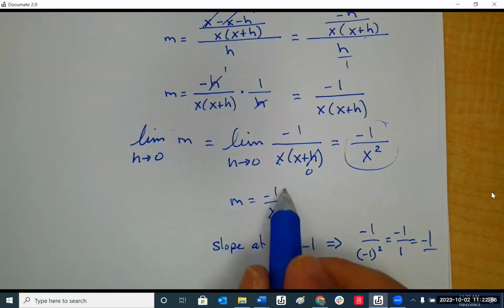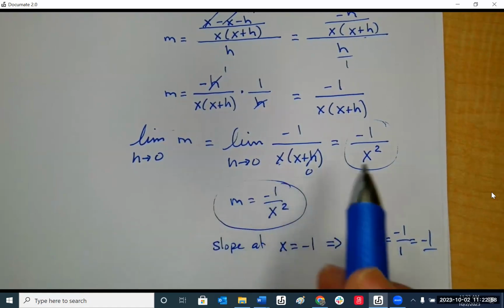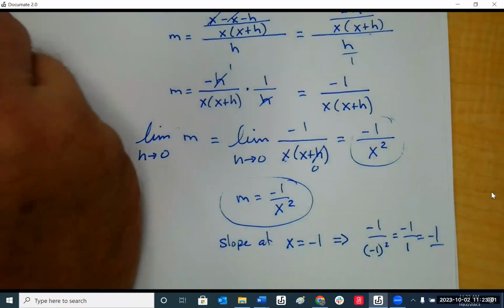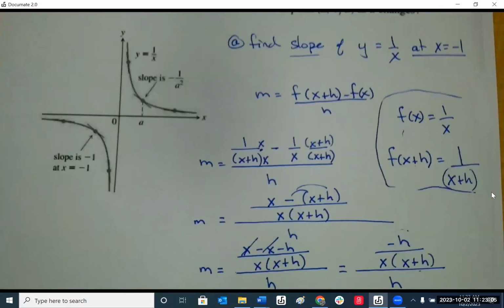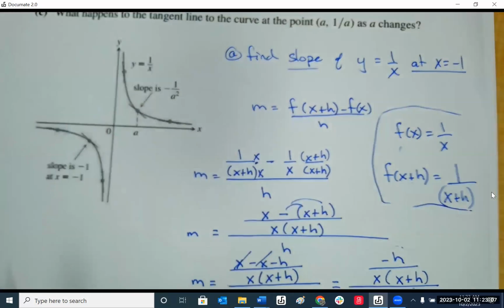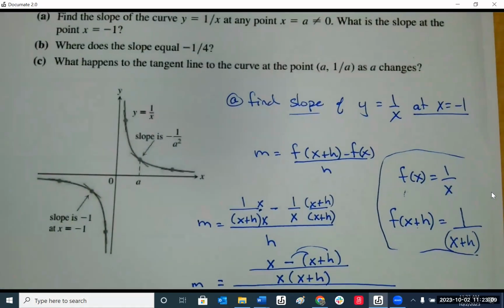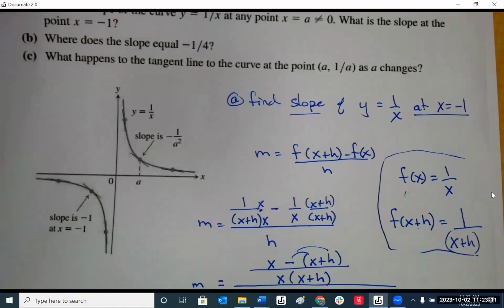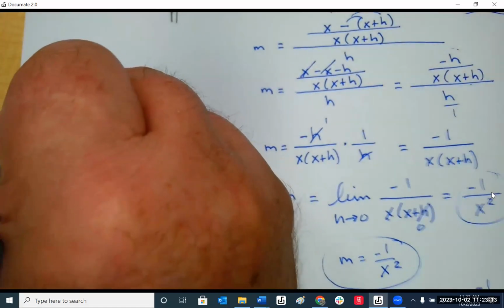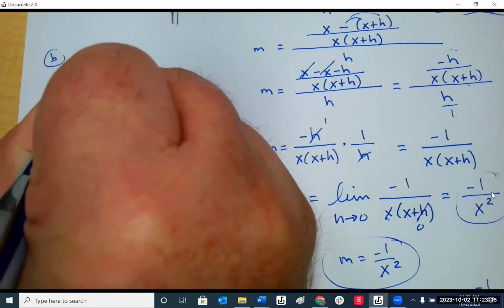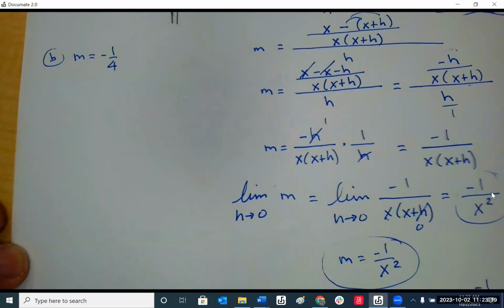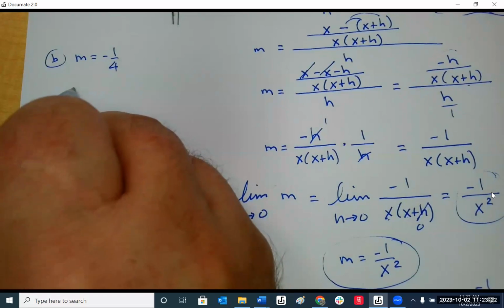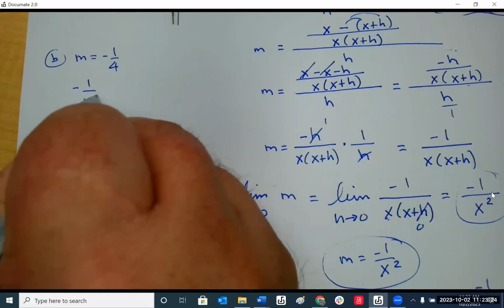Okay, so we know the formula for a slope is this. This was all part A. Part B is asking, where does the slope equal negative 1/4? Yeah, we found the slope is negative 1/x².